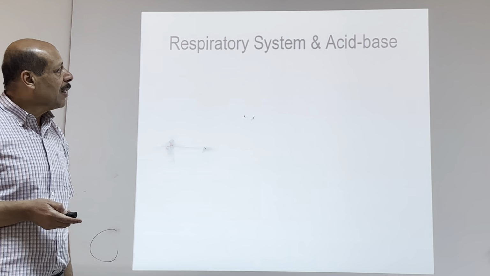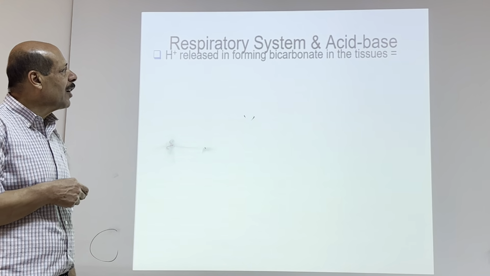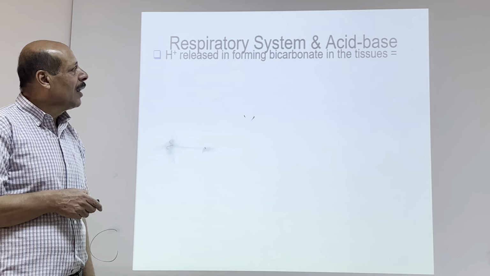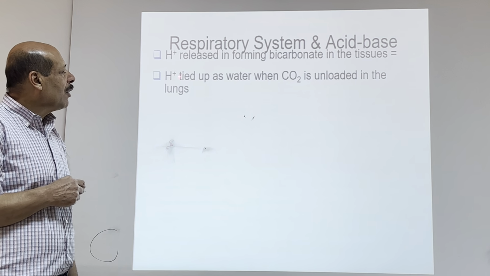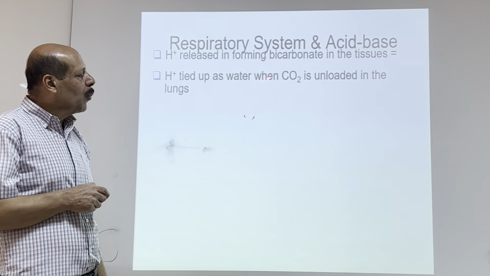In the respiratory system acid-base balance, hydrogen released is forming bicarbonate in the tissues, and the hydrogen ties up as water when CO2 is unloaded in the lung.